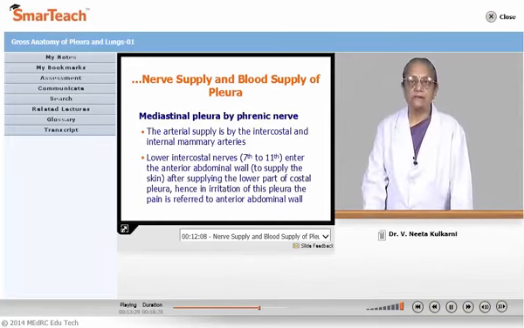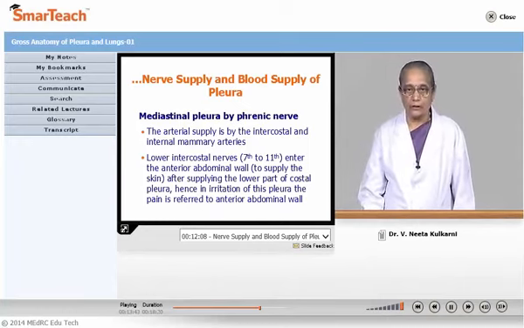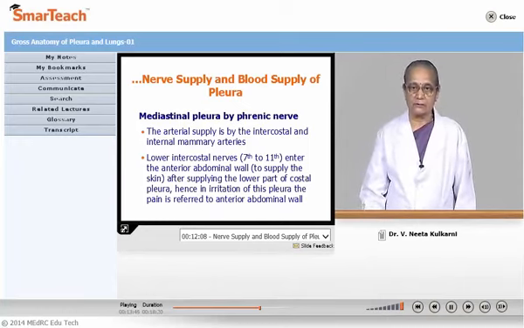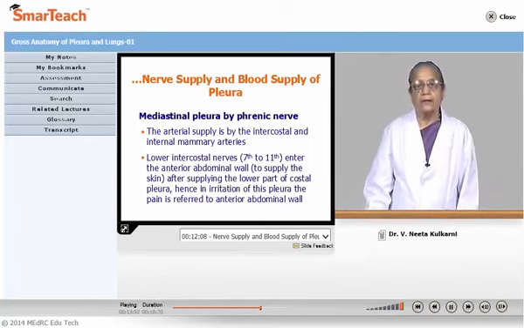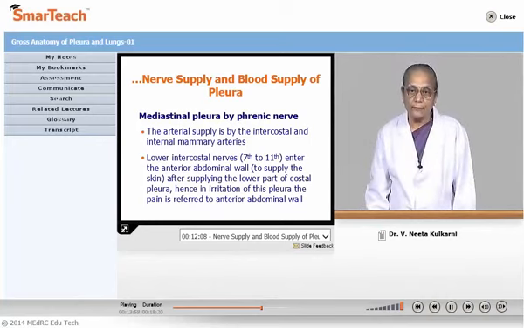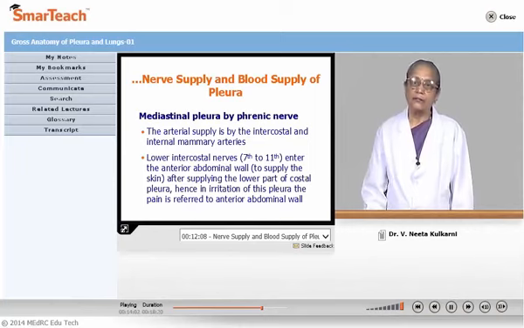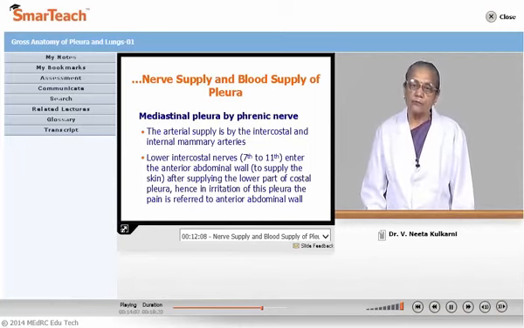Now, this has a relevance that if there is an inflammation of the parietal pleura lining the 7th to 11th intercostal spaces, in that case, the pain will be radiated to the anterior abdominal wall. So, even if you have the pathology or inflammation of the pleura in the chest, the pain is felt in the anterior abdominal wall. This is a point which must be understood by every student.